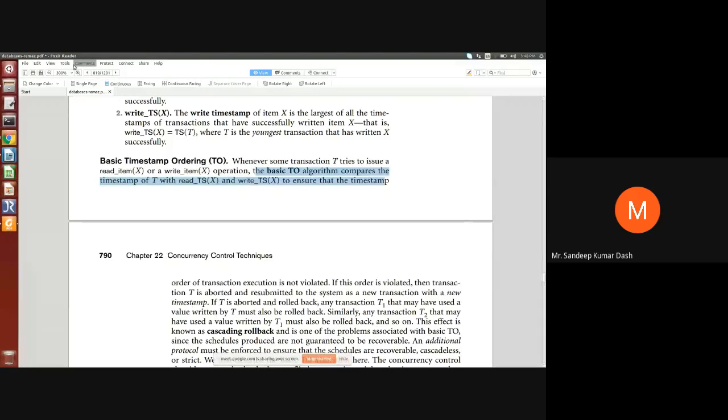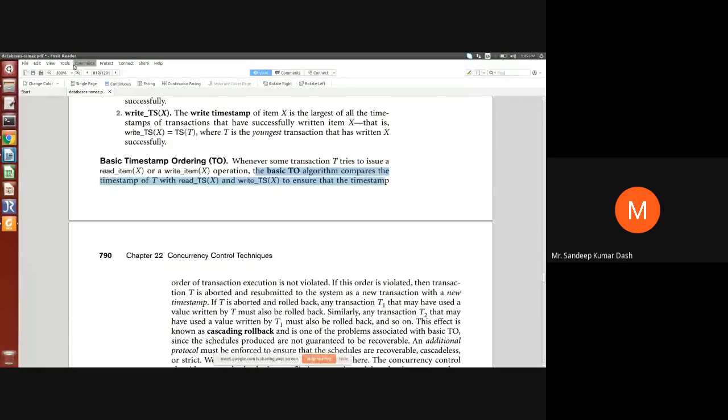But prior to that, T1 had requested, but it was not granted. So if it reads now, it will be reading a false value, because T2 came afterwards, got the access of X, and wrote into it. If T1 is allowed to read, it will be reading a wrong value. So that is not allowed.